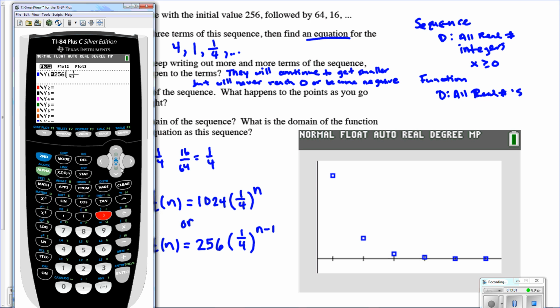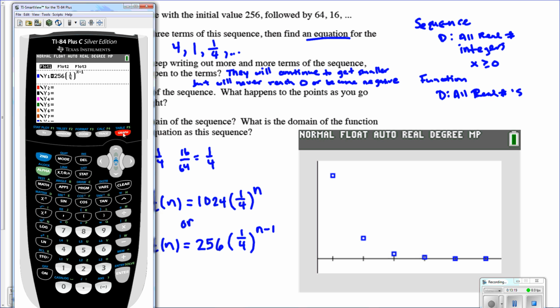And we're going to raise that to the power of n minus 1. Well, in this case, we're going to use x because we're plotting it on the calculator here.